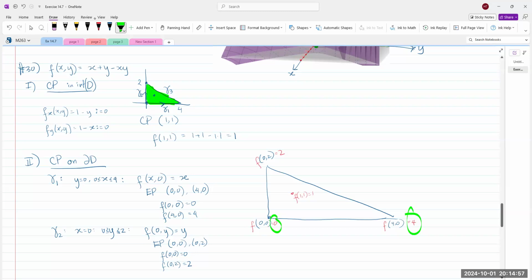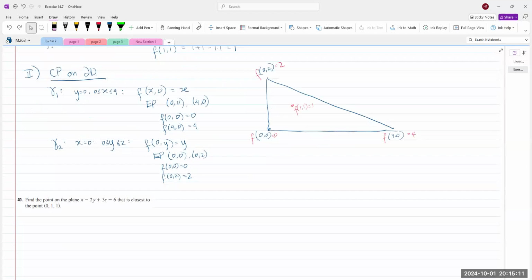Okay, the last part is we need to find the critical points and endpoints along this path here. The gamma 3. That's when y equals negative 1/2 x plus 2. Is it right?